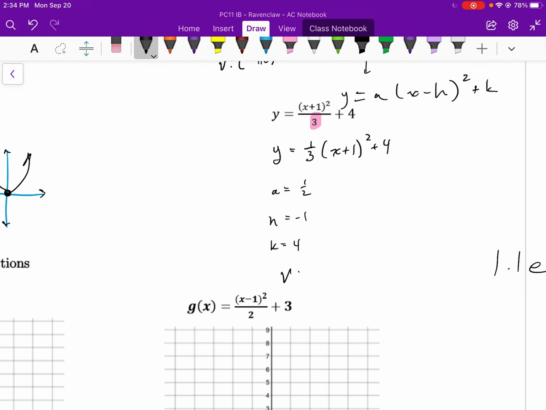So my vertex here is going to be -1, 4. So we have an upward opening parabola with my vertex at -1, 4, so that's going to be over there. It's going to be in the third quadrant. It's going to go up, and that's all we have to it.